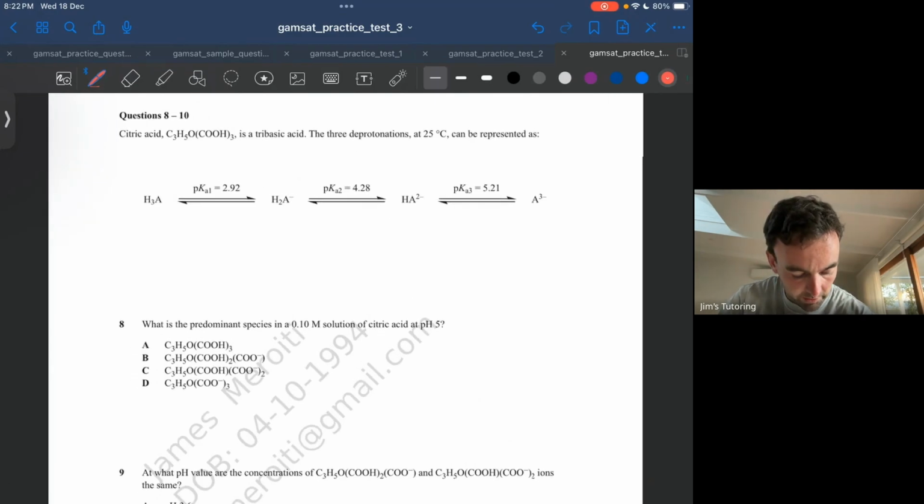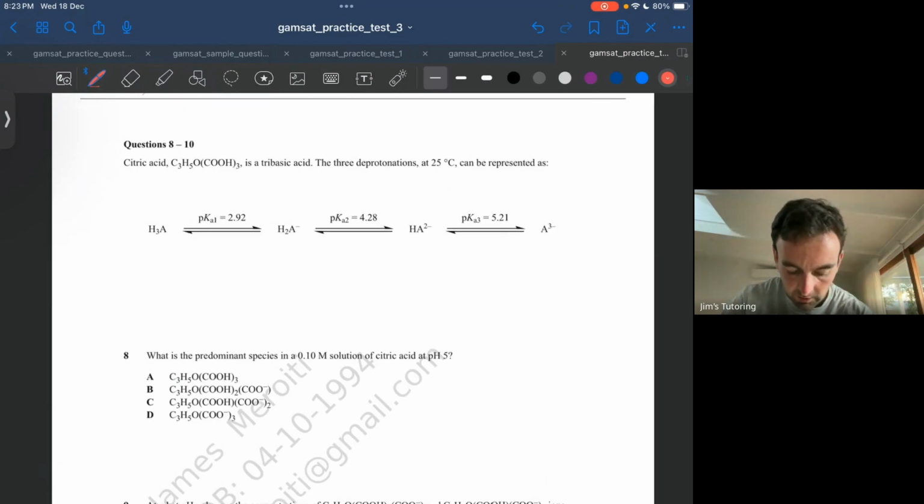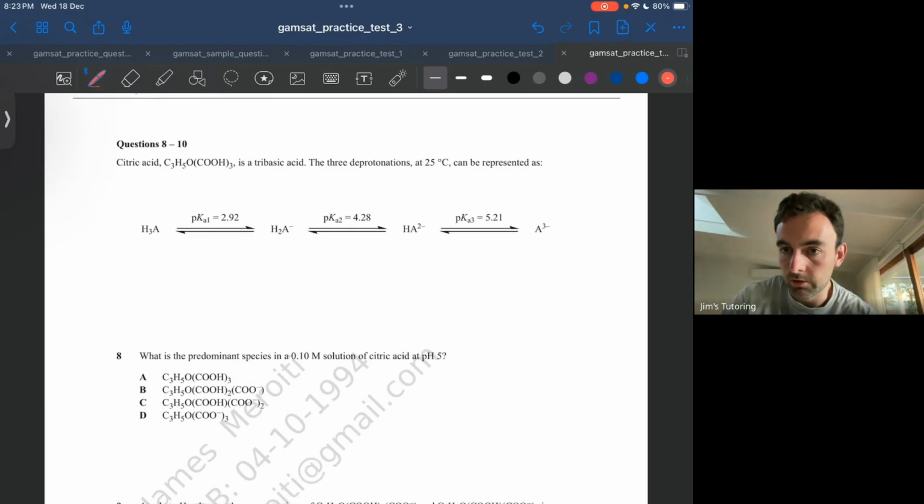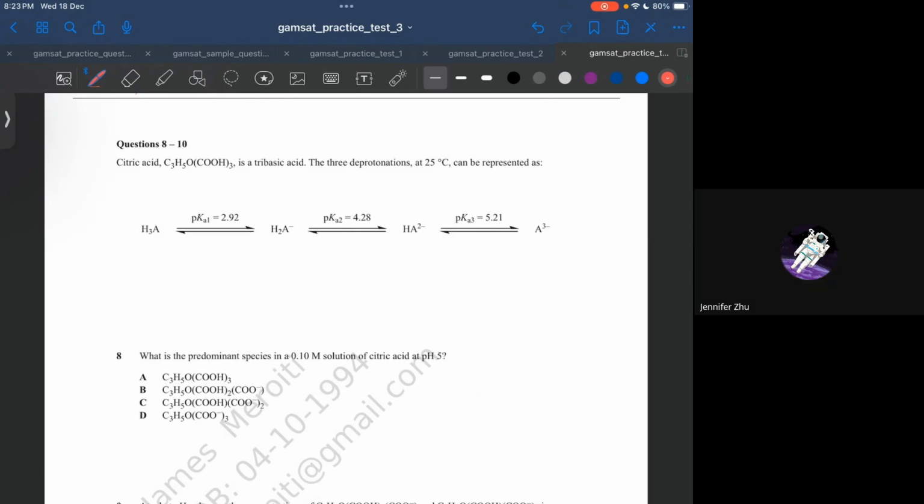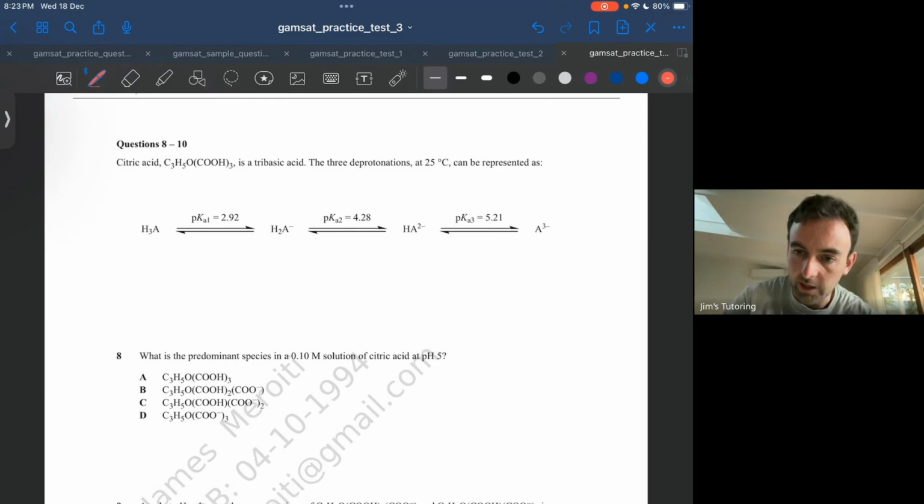Have a look at the question and think, if I had Google, what would I be Googling right now? What would I be Googling to try to get this question right? And it's very hard to actually come up with something that you would Google. The information's there, but what are you missing? And when you start focusing on what you're missing, then you start seeing trends appear, and that's the stuff that you can put a lot of effort into.